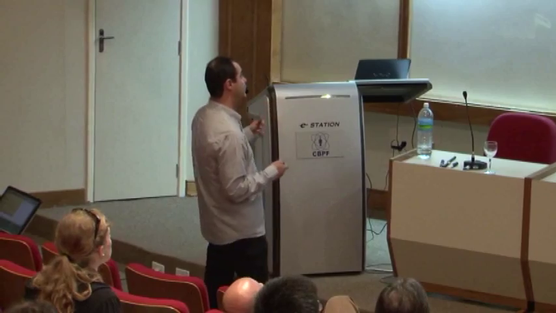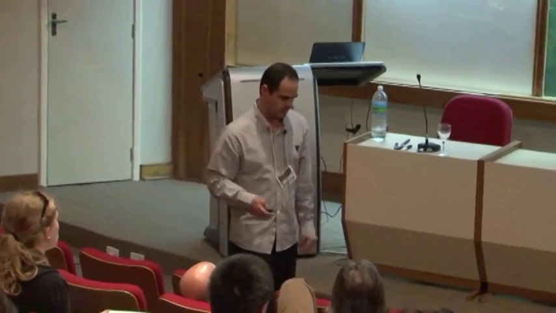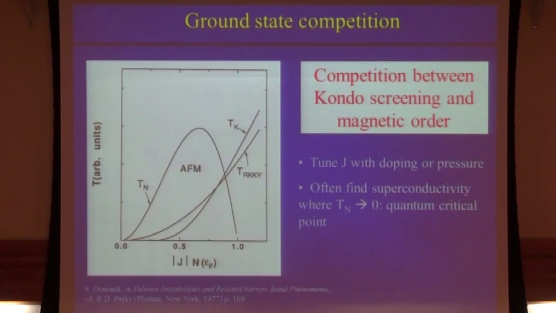So I'm going to use a very simple model. You know that we have more complete models now, but I will only use this model to say that depending on the value of J times the density of states, we can have a magnetic state for a Kondo lattice, where the RKKY will dominate over the Kondo effect.